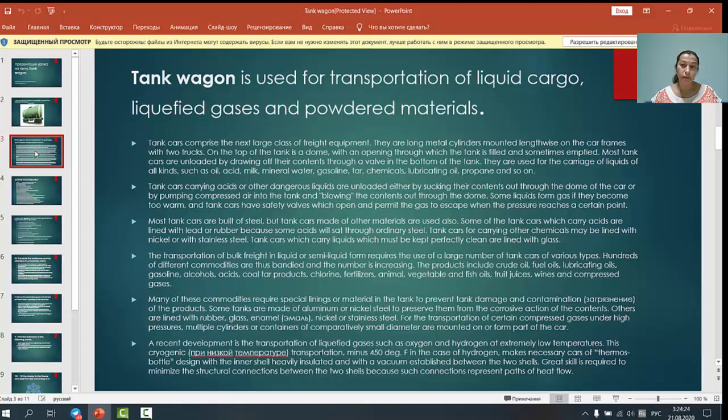The products include crude oil, fuel oils, lubricating oils, gasoline, alcohols, acids, coal tar products, chlorine, fertilizers, animal, vegetable and fish oils, fruit juice, wines and compressed gases.